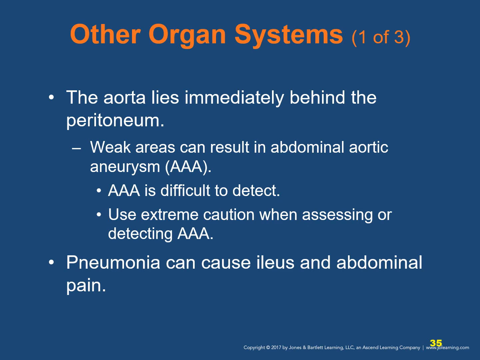Development of an aneurysm is slow. If the aneurysm tears or ruptures, massive hemorrhage may occur. Pain may be described as a tearing sensation. Handle the patient gently during assessment and transport. Pneumonia, especially in the lower lungs, can cause ileus and abdominal pain.